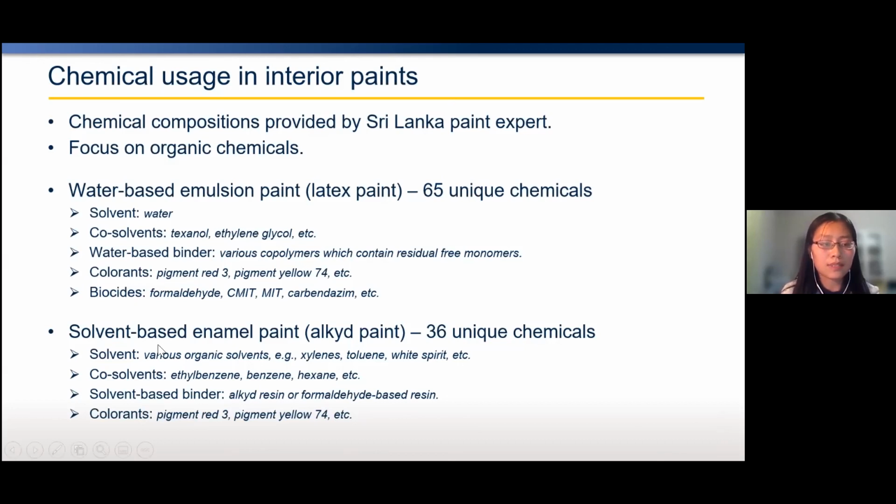And the second type is solvent-based enamel paint, also known as alkyd paint. It's composed of organic solvents, co-solvents, and solvent-based binder, which is typically alkyd resin or formaldehyde-based resins, and also colorants. And one of our questions is: is water-based paint really better than solvent-based paint?